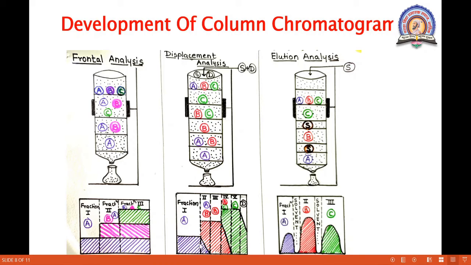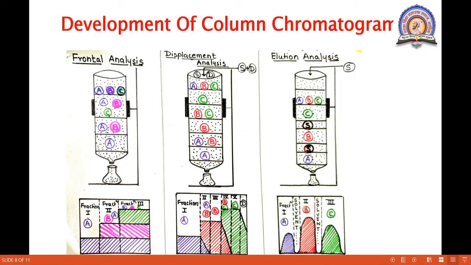That's why this technique is also not used for analysis, or very less commonly used. While in the elution analysis, we get three components separately in pure form. That's why it is used for analysis. Is it clear, students?